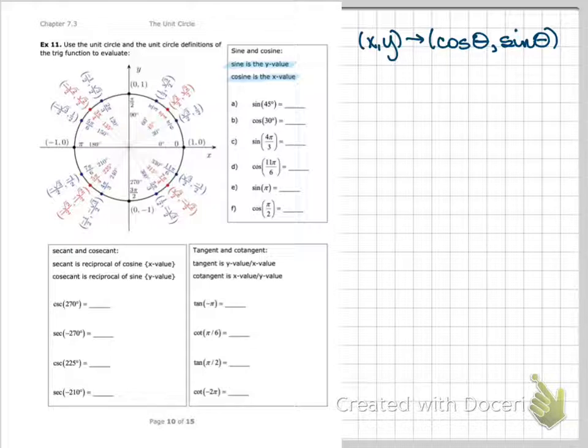I will do my best here to color code so that it's easy for you to follow along. We are going to start here, sine of 45. So here's our 45. The sine we just said is the y.